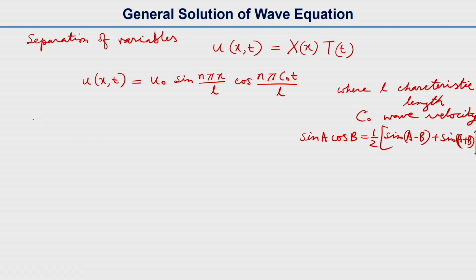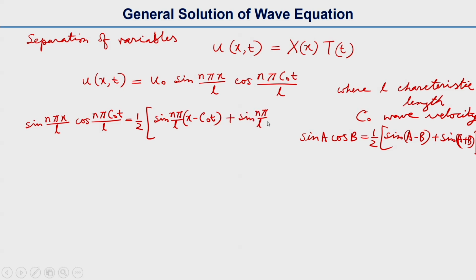So, from this relation we can write the above expression, sin n pi x by L cos n pi c naught t divided by L, is equal to half of sin n pi by L (x minus c naught t) plus sin n pi by L (x plus c naught t).